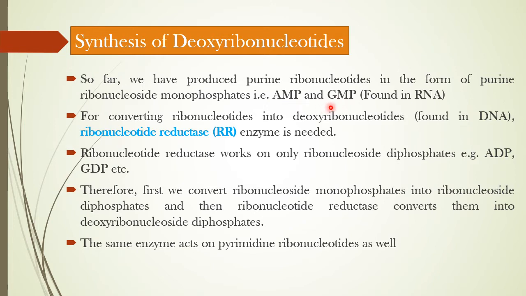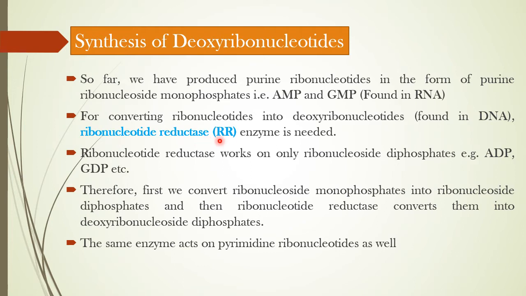These two nucleotides are found in RNA. But when we have to make nucleotides for DNA, there is a need to convert ribonucleotides into deoxyribonucleotides. Now for this conversion, we need an enzyme, and that enzyme is called ribonucleotide reductase or RR.